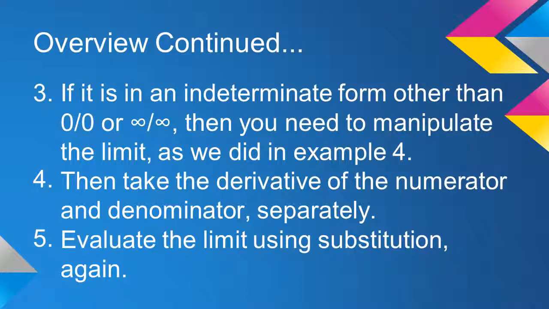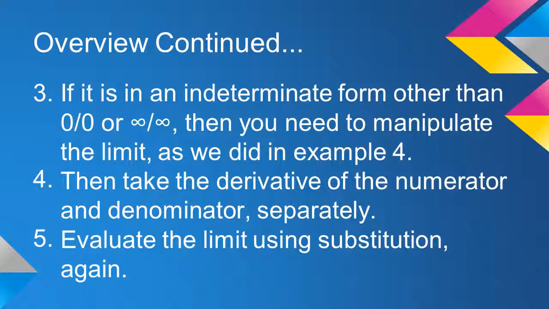If it's an indeterminate form other than 0 over 0 or infinity over infinity, then you need to manipulate the limit. That's what we did with the limit as x approaches infinity of x to the power of 1 over x. Since it was in the form of infinity to the power of 0, we had to manipulate the limit to convert it to the form 0 over 0 or infinity over infinity.